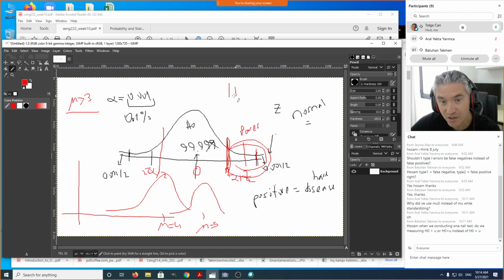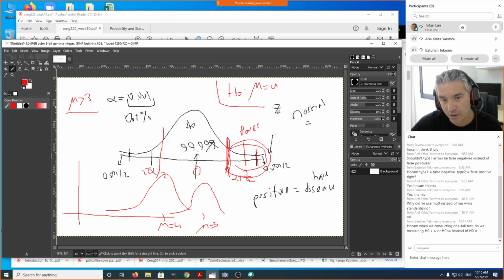That's why the null distribution always has to be an equality. Even if we are conducting a one-tail test, in the normal case, we're going to say mu is equal to mu 0. One-tail means that we're looking for an extreme case at one end of this null distribution. It's either on this end or on this end. So we form our acceptance and rejection regions based on what kind of extreme we are looking for.